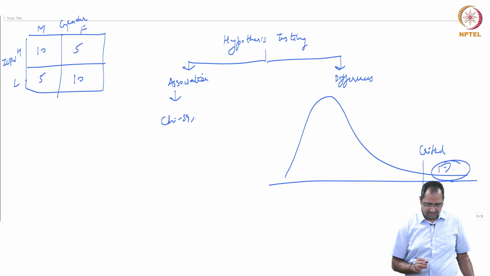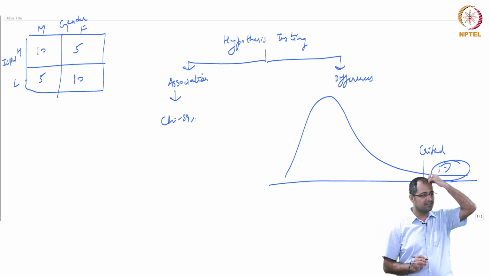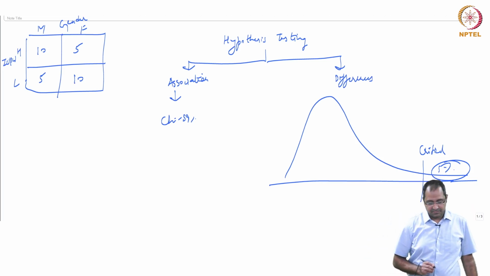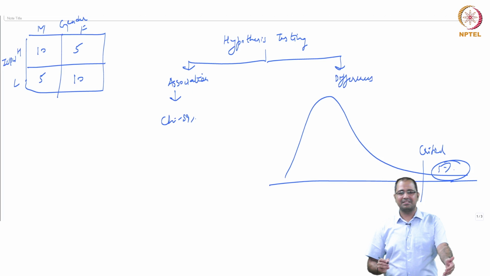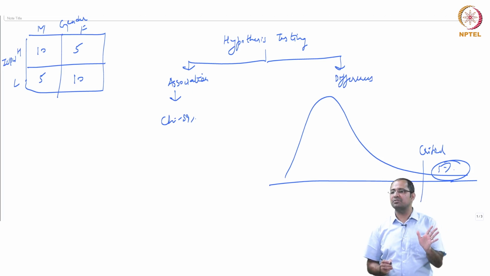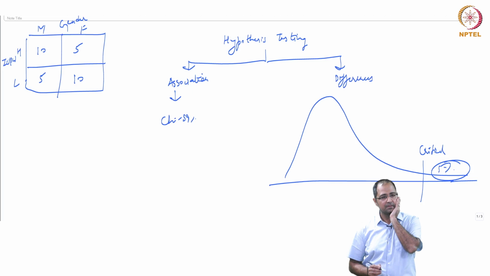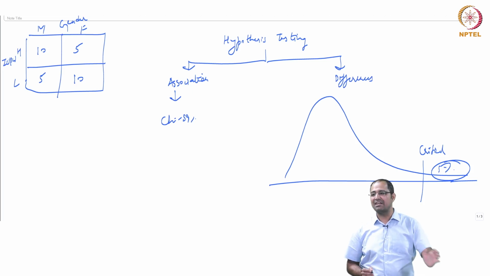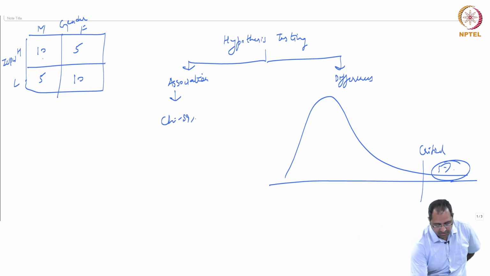Right? Now, this is in the sample. What is the null hypothesis? That there is no association. If there is no association, the frequencies would have been equal.